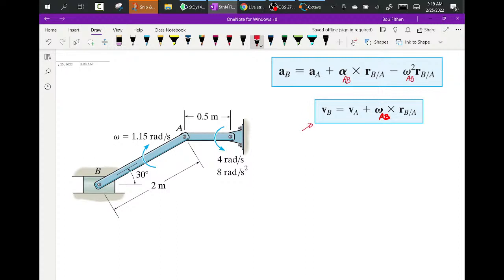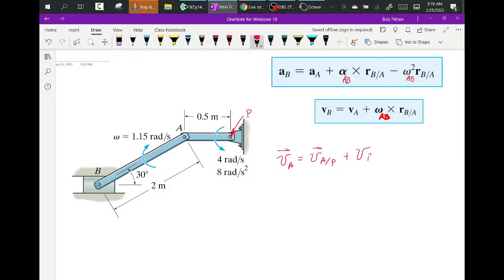We already know this. Okay, velocity A. Now, I'm switching these, A and B and A and B, but I'm going to write it down here and you'll see what I mean. Velocity A is equal to velocity A relative to P. I'm sorry, we didn't label this. This should be P for pin.